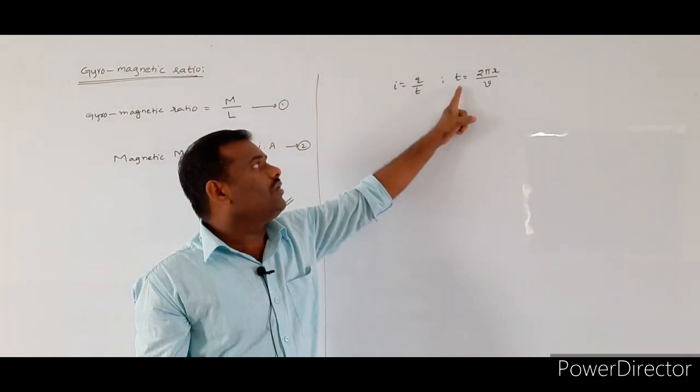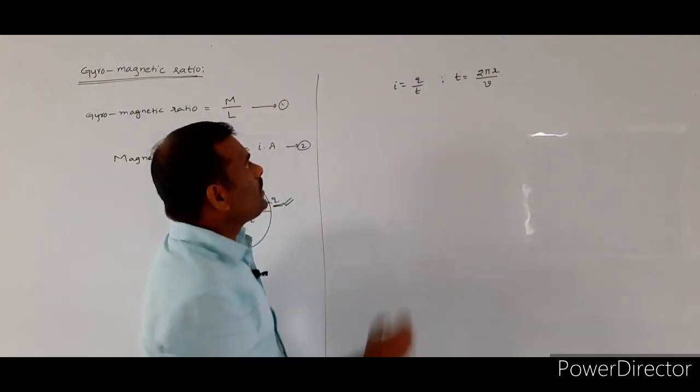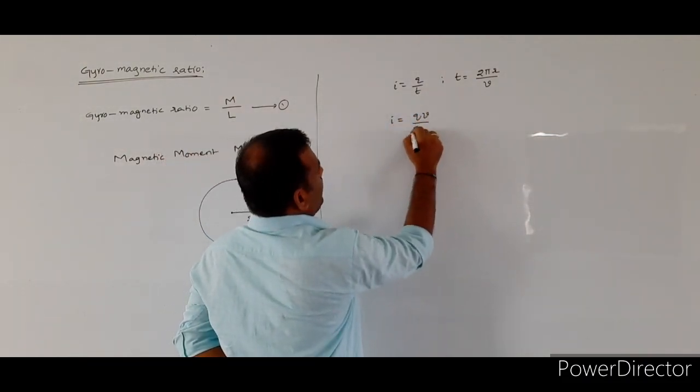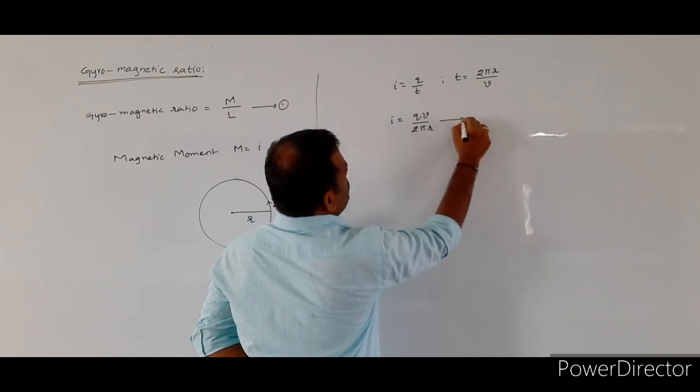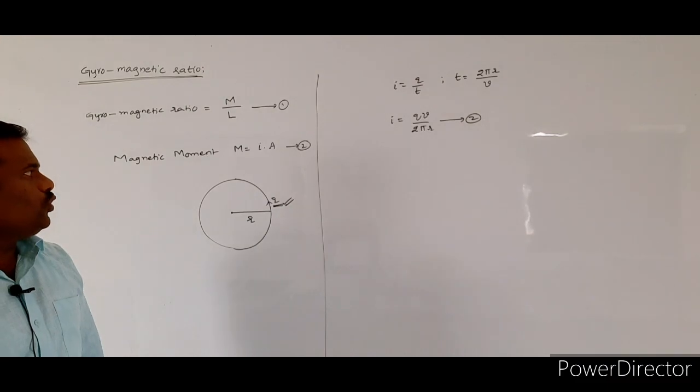So T is equal to 2 pi r by V. If you substitute this value, you get I is equal to QV by 2 pi r.